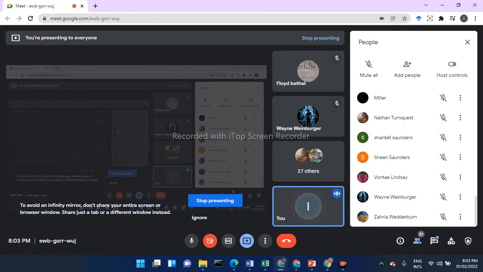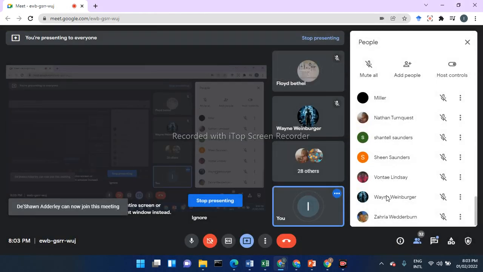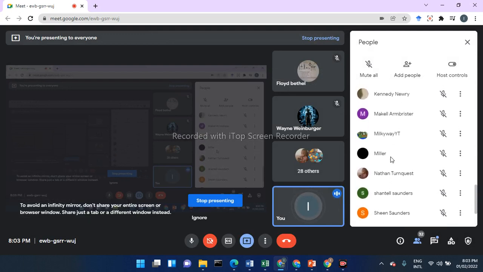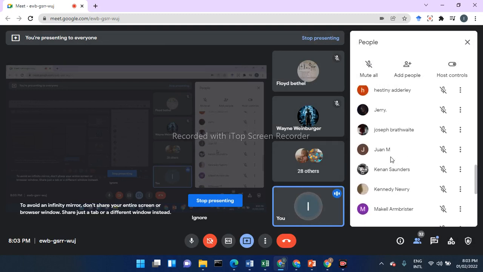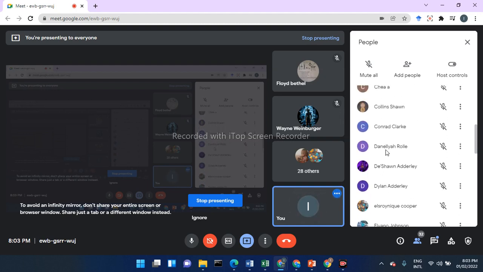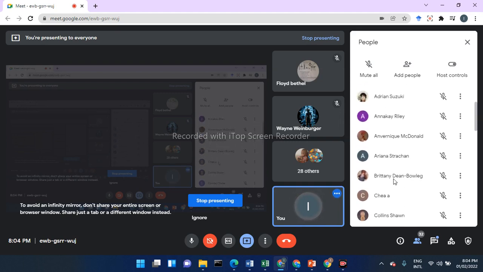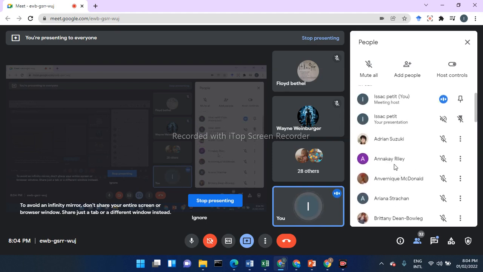So let's start off with a formal definition of ecology. Sean, Wayne, Vontae, Sean, Chantel, Kenan, Jerry, Joseph, Elvano, Dylan, Daniela, Daniela Rule, Rakia Neely, and Anna K. Riley.